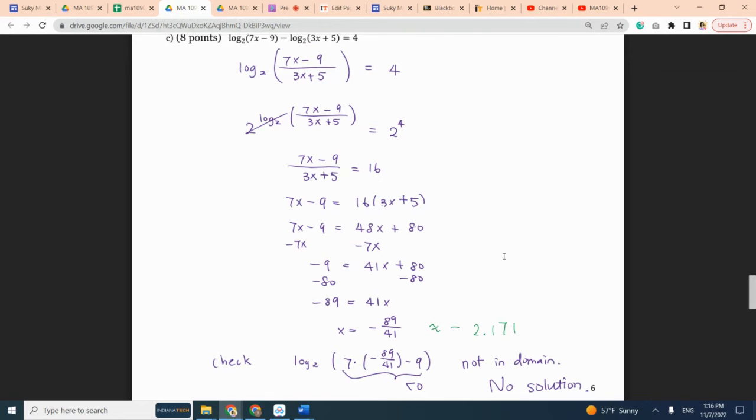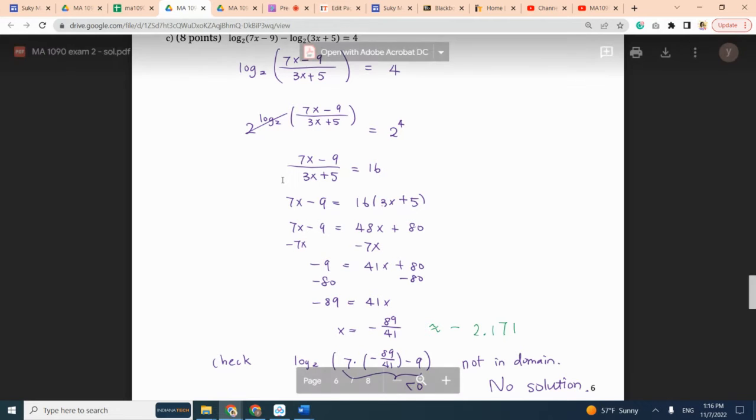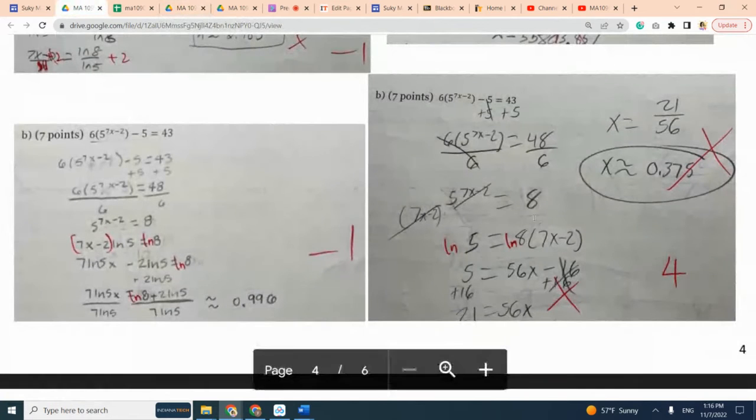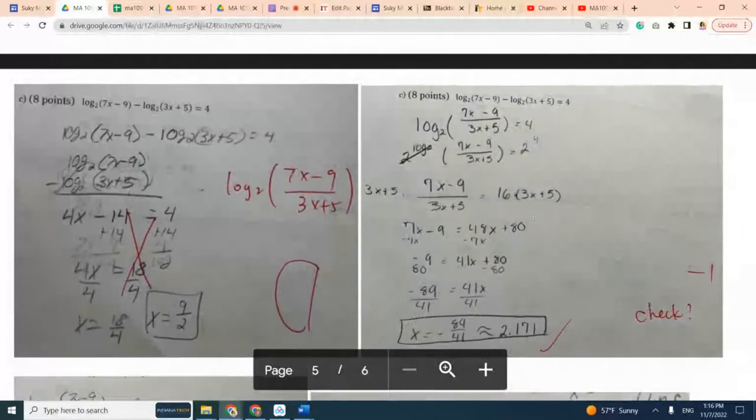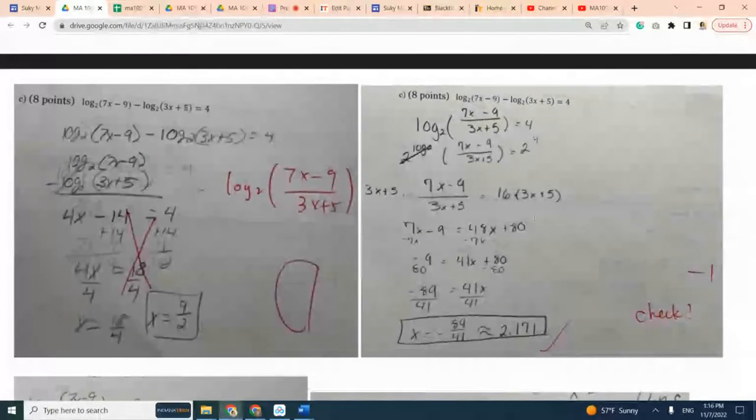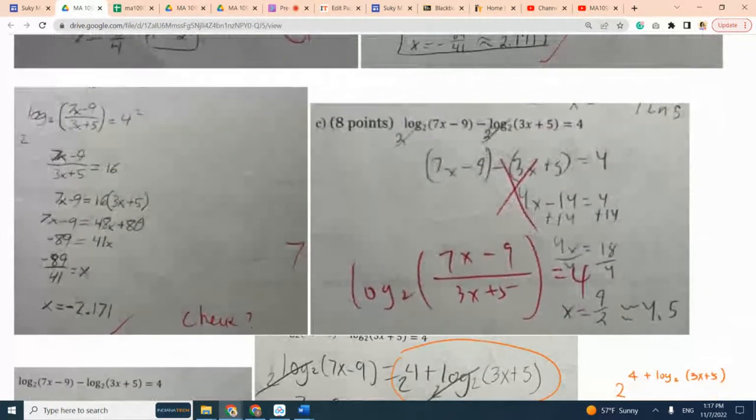Remind yourself, don't forget to check your answers. Right. Okay. So combine subtractions into division inside the log, and check your work.